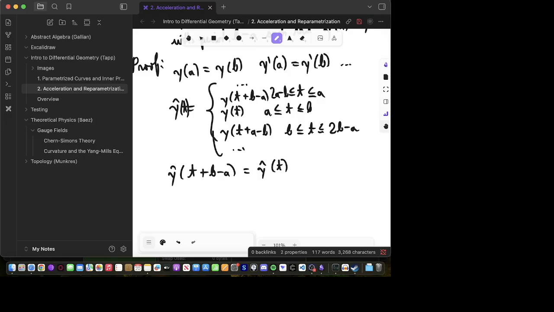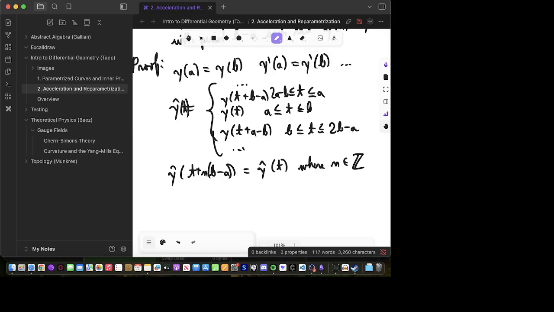We'll do one even better: gamma hat of t plus n times B minus A equals gamma hat of t, where n is an integer.